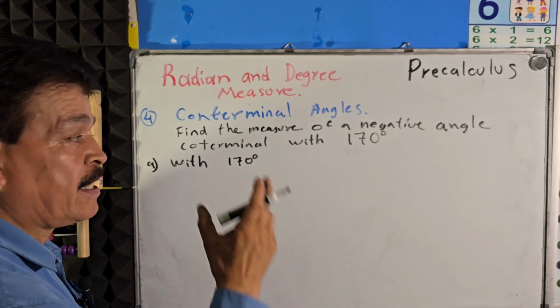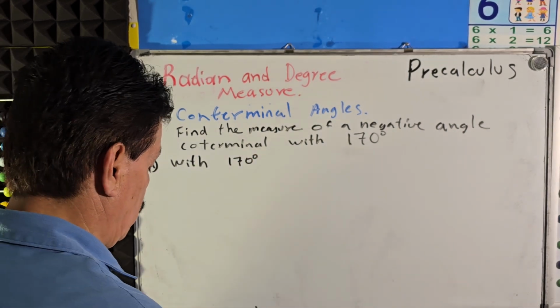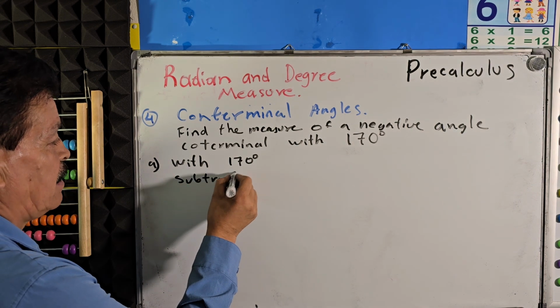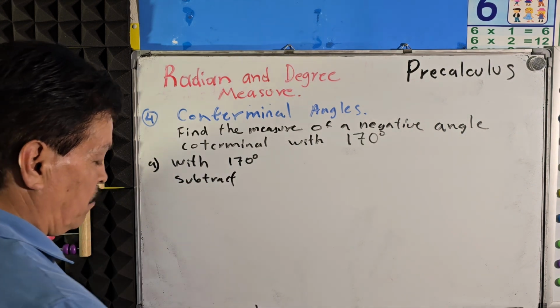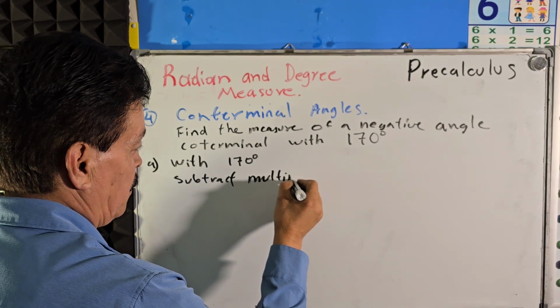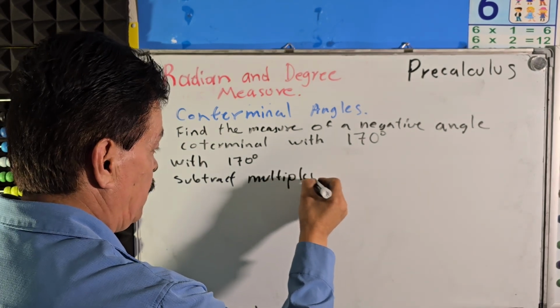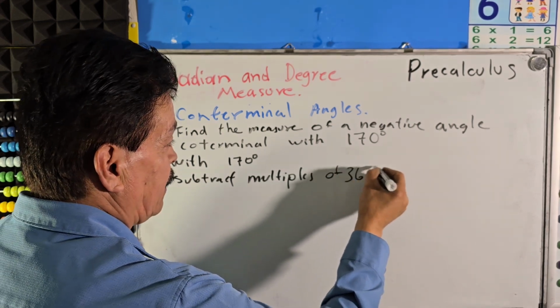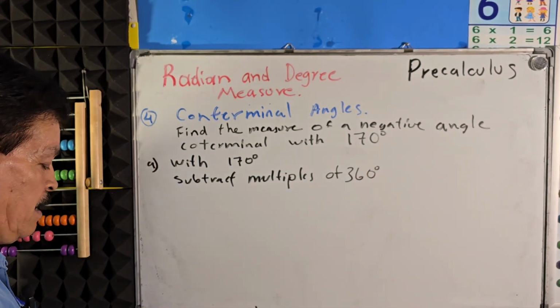Let's start with this main point. Subtract multiples of 360, right?